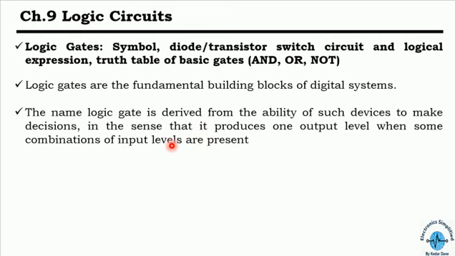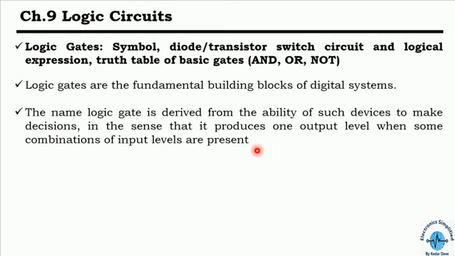The name logic gate is derived from the ability of such devices to make decisions, in the sense that it produces one output level when some combinations of input levels are present. Here we talk about the digital circuit. In digital there are only two values, 0 and 1.